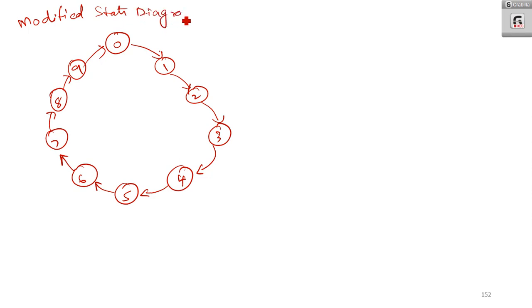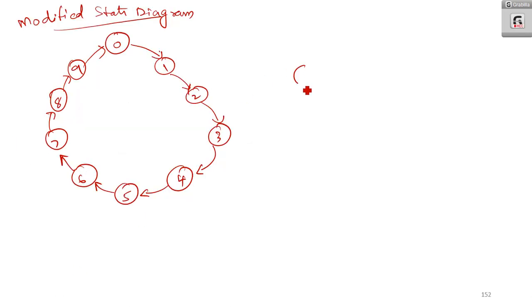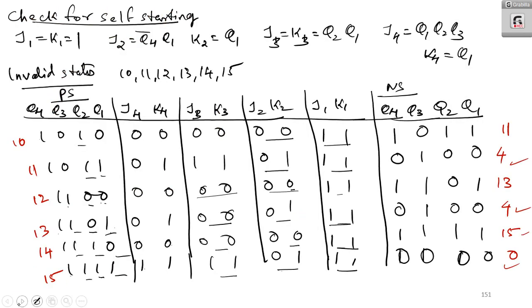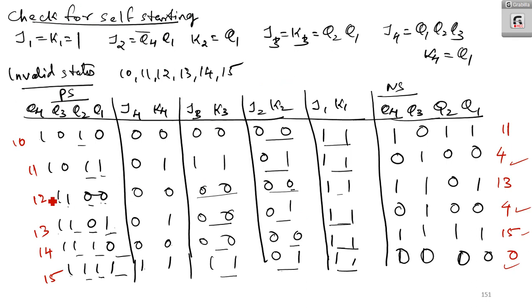Okay. Now coming into the modified state diagram. If I am going to the state 10, 10 means it will come to 11, then it comes to 4. Right? Now, if it is 12, it will come to 13, and 13 means it will go to 4.